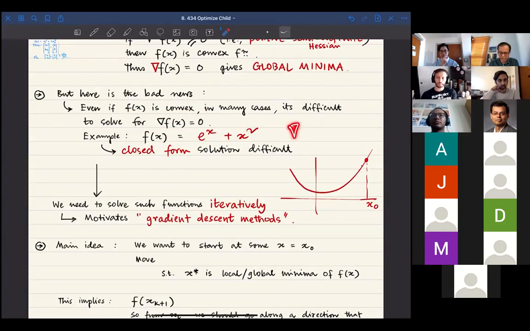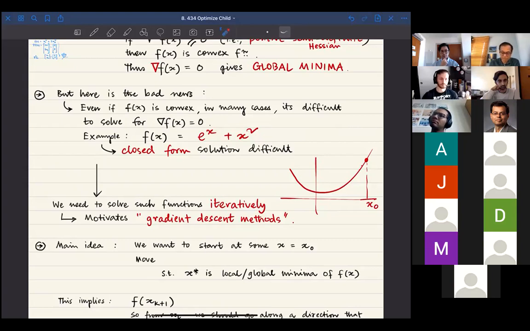If you now do ∇f(x), maybe it's e to the power x1 plus x2 square. Actually, if this is a vector, e to the power x1 plus x2 square is not too bad, right?